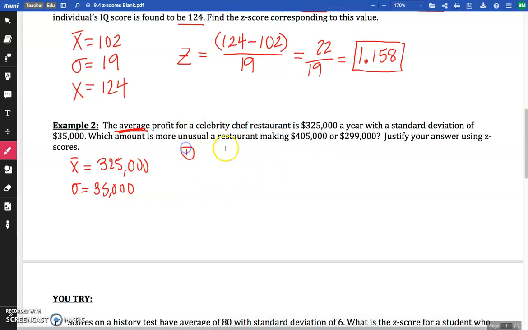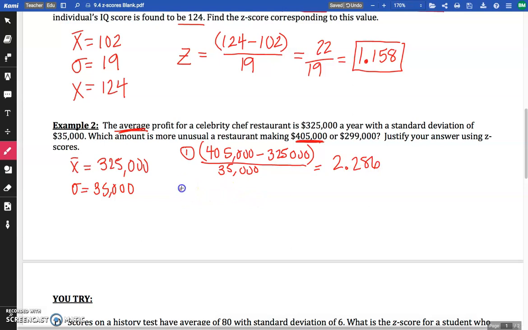So the first one, we'll say this is our actual for the first one. So 405,000 minus the mean, 325,000, divided by the standard deviation. Okay, now I'll calculate that. Again, use parentheses if you type it in all at once. I got a z-score of 2.286.